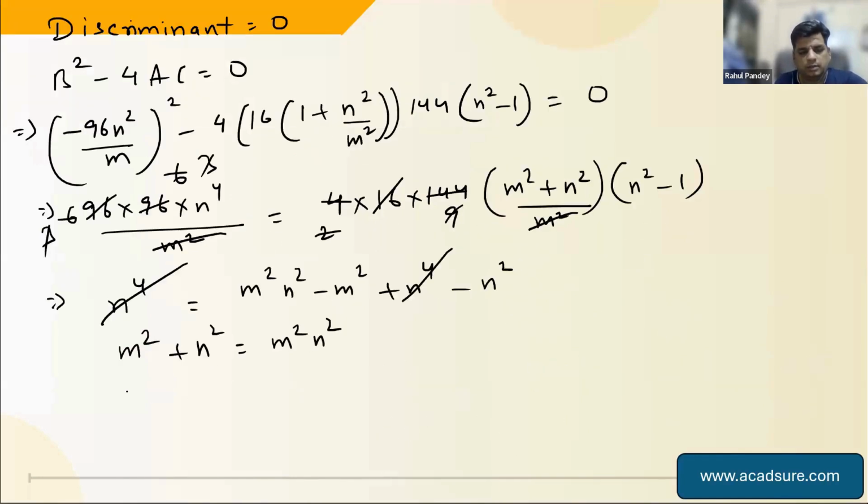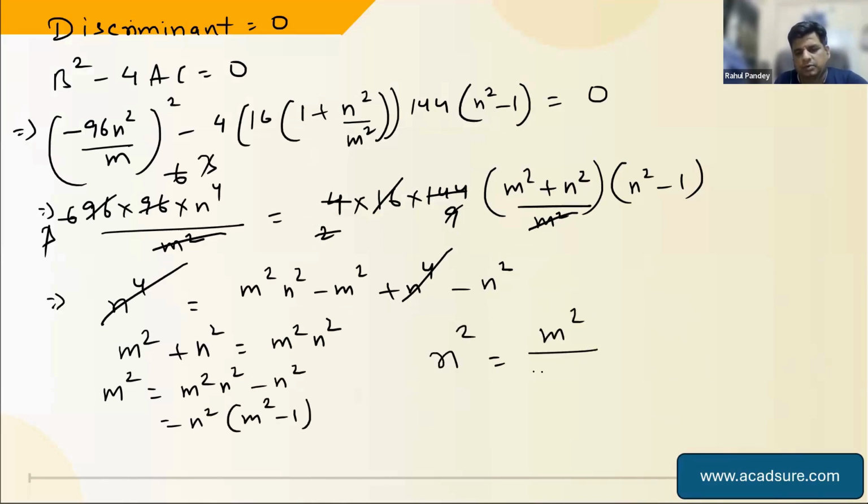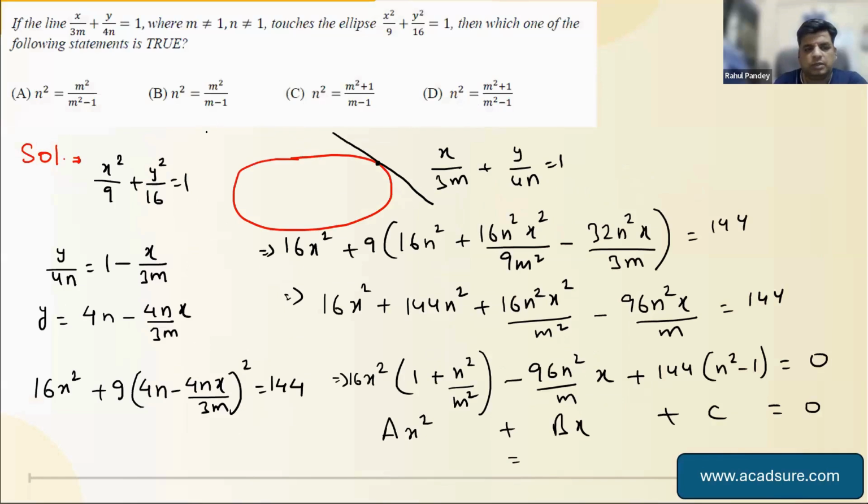Or if you take LCM, it will be m square is m square n square minus n square. Take n square common, m square minus 1. So n square is m square upon m square minus 1. This is the answer.